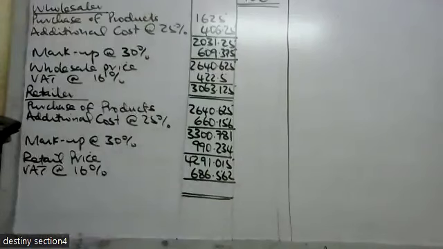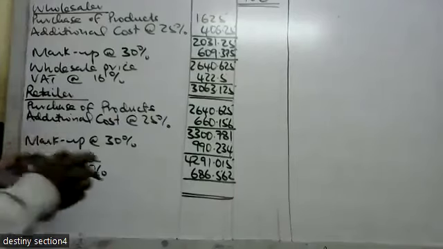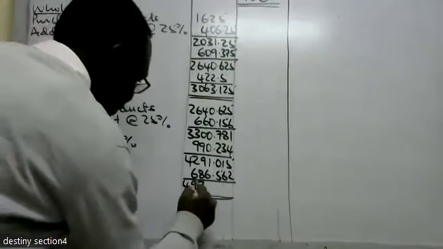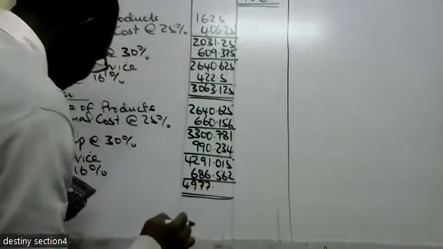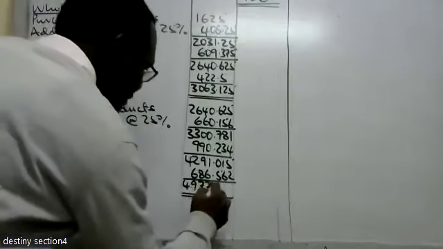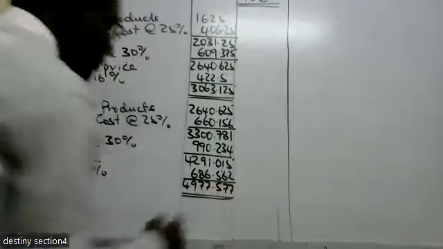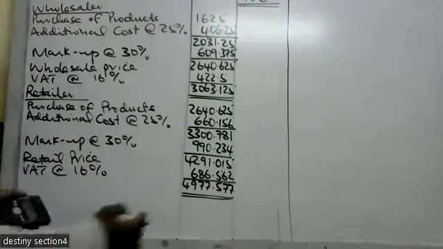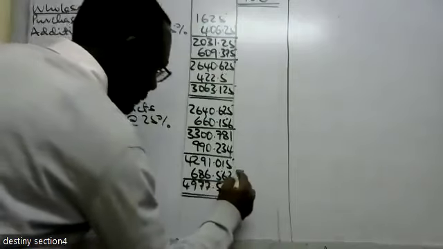The final value of the goods is going to be 4,977.577. Then what VAT does the retailer collect for the government? You pick the output tax in this.